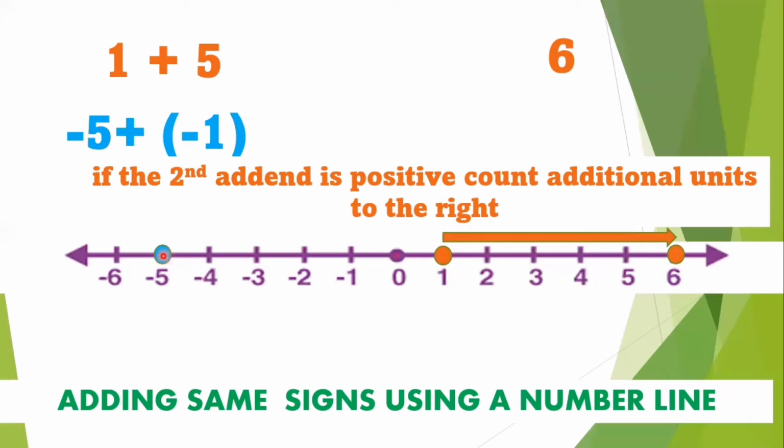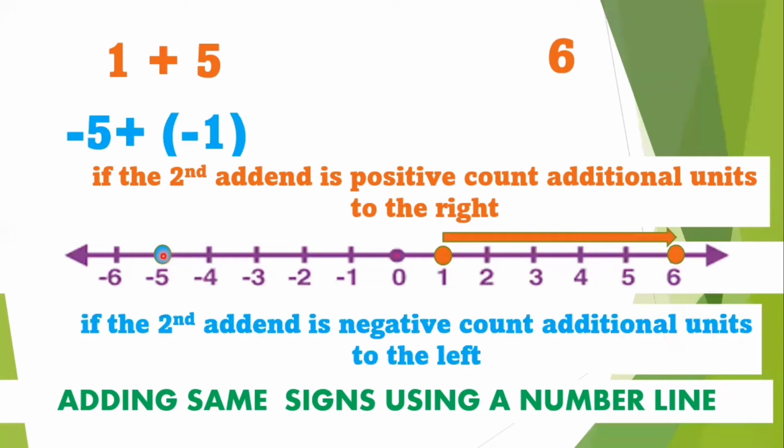And of course, remember this, if the second addend is negative, count additional units to the left. So, kung kanina, positive to the right, this time, we're going to count to the left. Ayan. Tinuturo ng arrow natin na magka-count tayo papunta sa left.